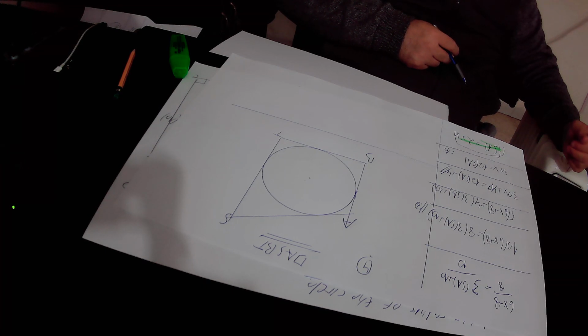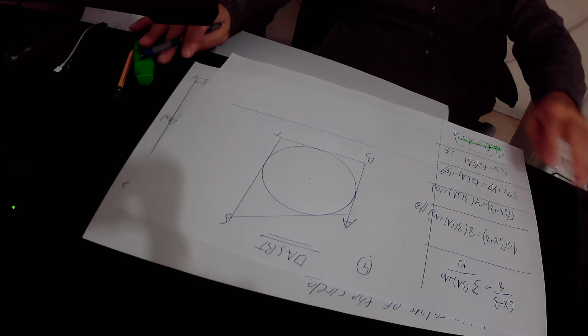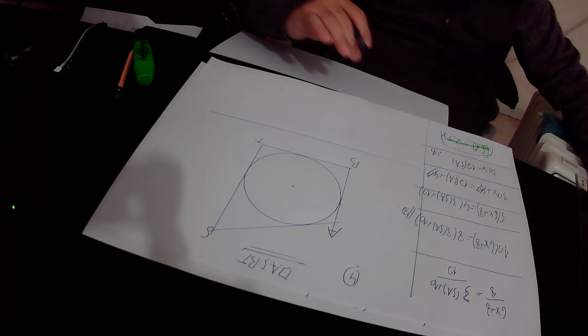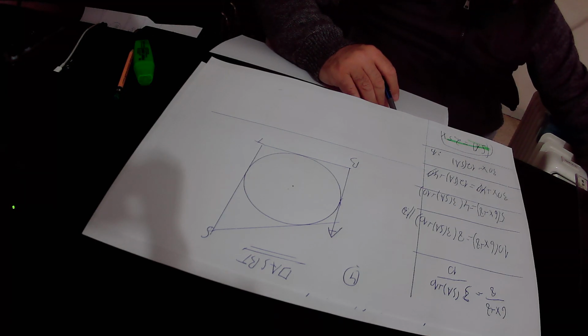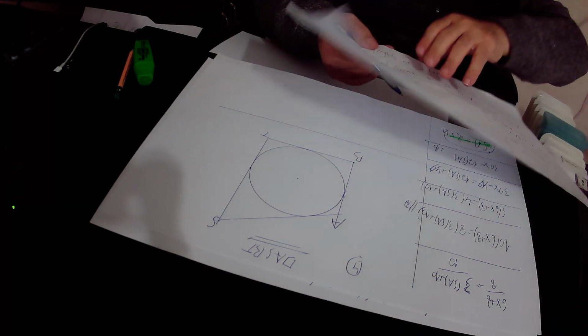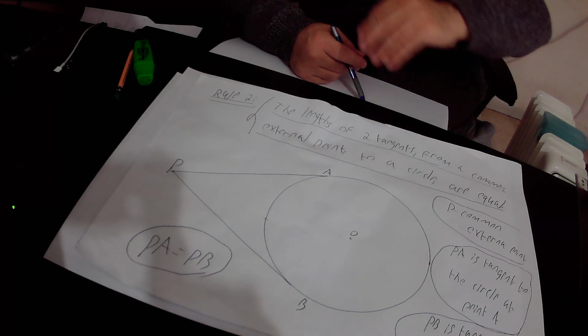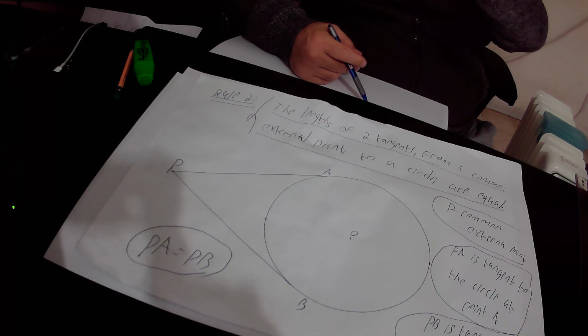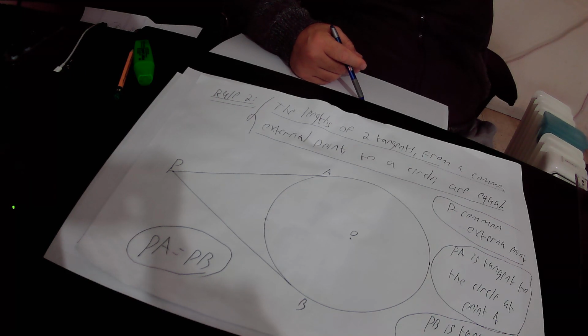So here we can implement rule 2. According to rule 2, the lengths of two tangents from a common external point to a circle are equal.